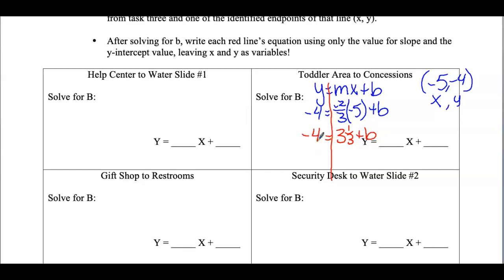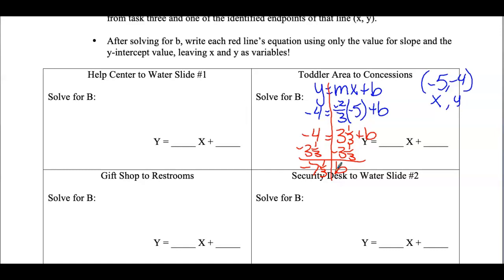Since 3 1/3 and b are added together, I need to do the opposite operation to get it by itself. So I'm going to subtract 3 1/3 from both sides. Negative 4 minus 3 1/3. I am typing this in my calculator; you can do that as well. I get negative 7 1/3 is equal to b.